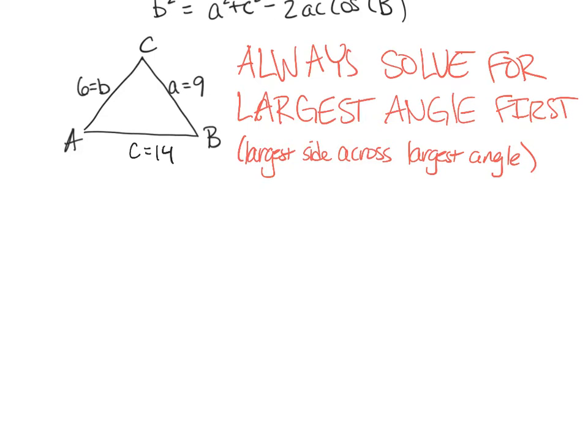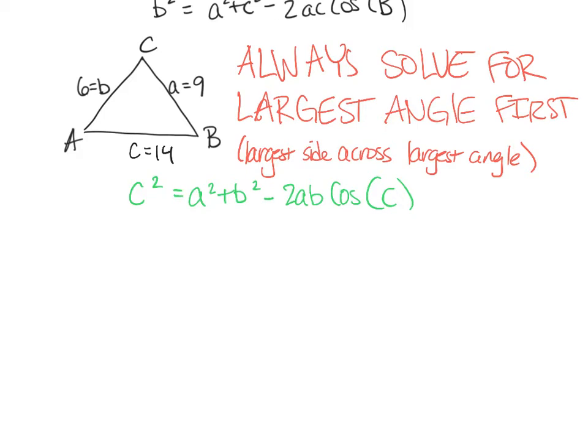So if that is true, I can see 14 is my largest side, so I'm going to want to solve for angle C first. That means I'm probably going to want to use the version of the equation that has angle C in it. So we're going to use C squared is equal to A squared plus B squared minus 2AB cosine of C, because this has angle C in it.